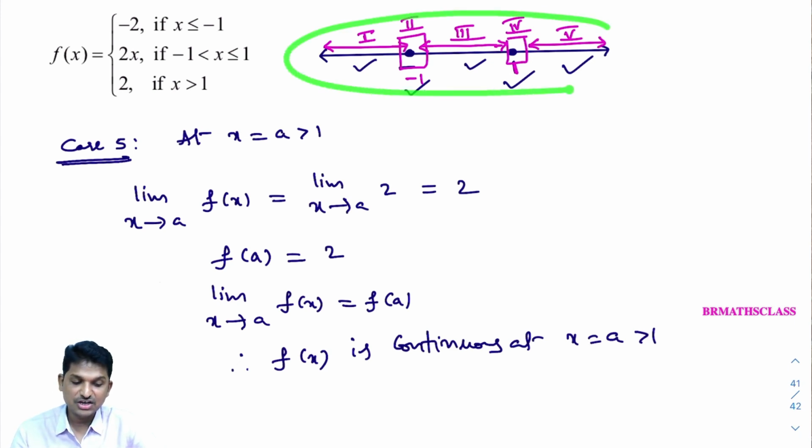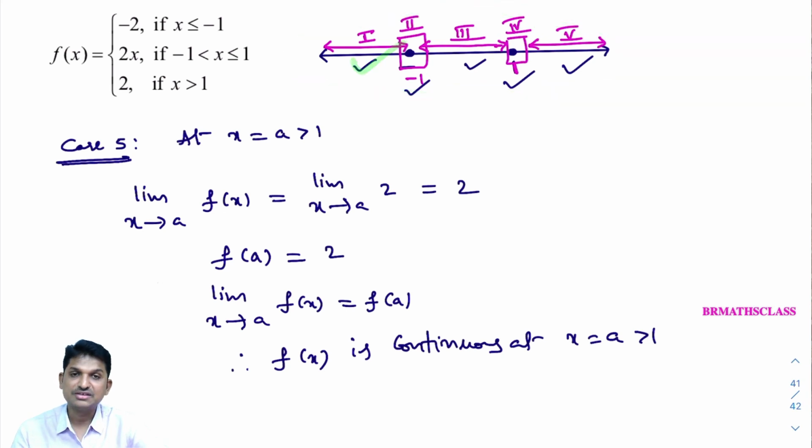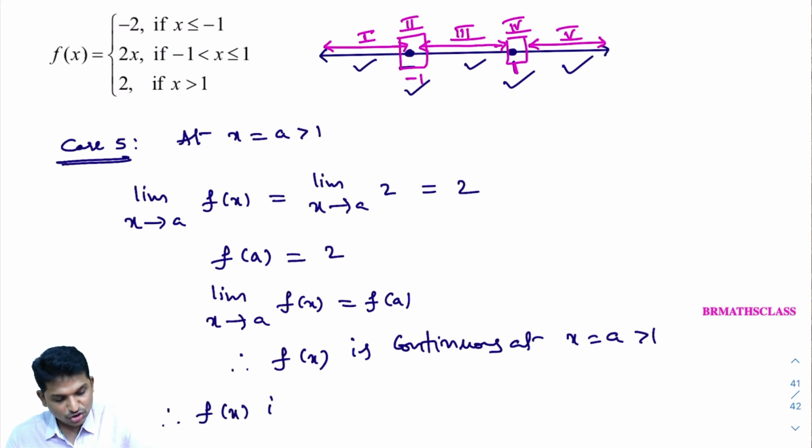I checked the continuity on its entire domain. You can check: in case 1 it is continuous, in case 2 it is continuous, in case 3 continuous, case 4 continuous, case 5 is continuous. So there is no point of discontinuity. So I can say that f of x is continuous.